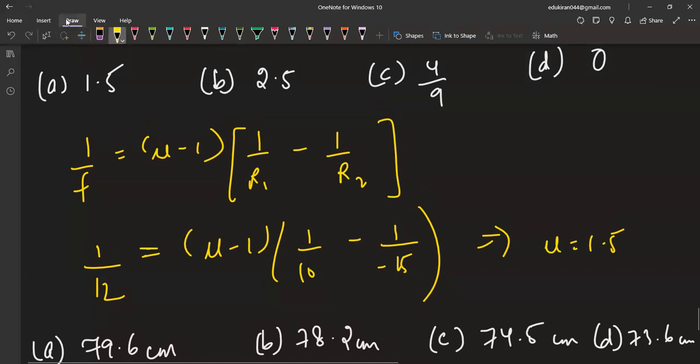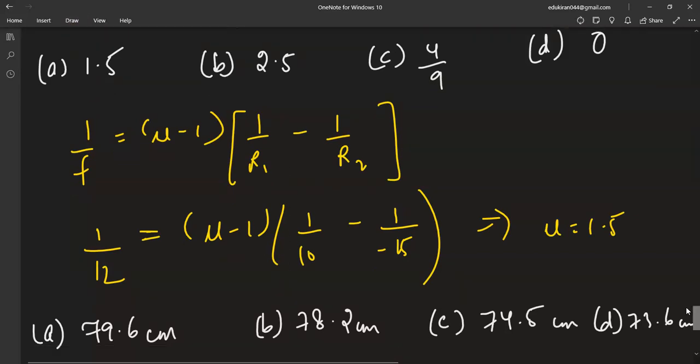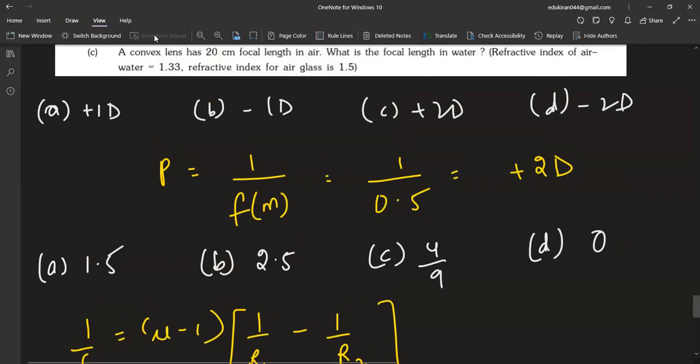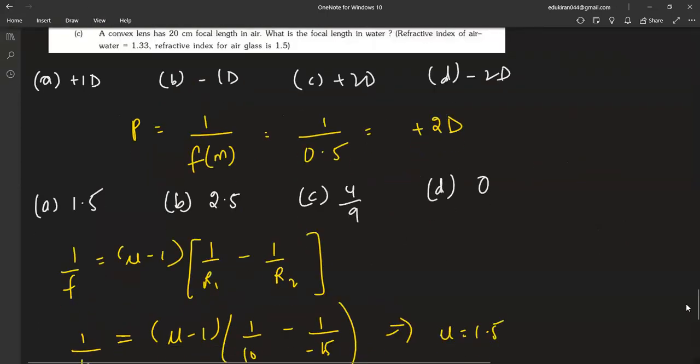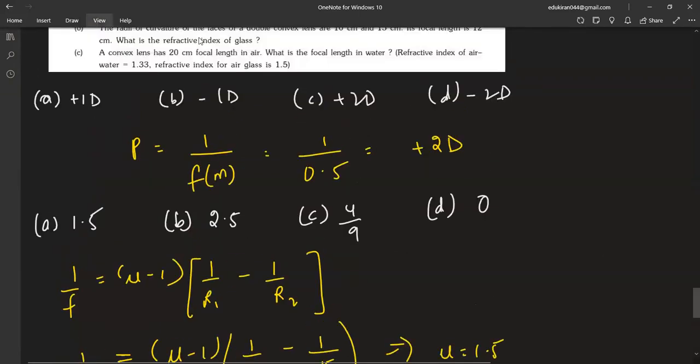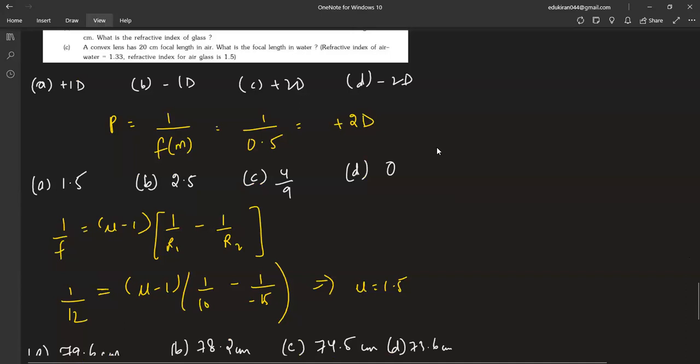Question is not visible, no? This is the question. These are the parts. Start.